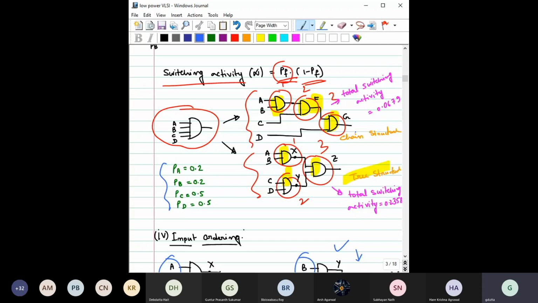If you calculate the alpha for the first one, it is 0.2449, the total value of alpha here.